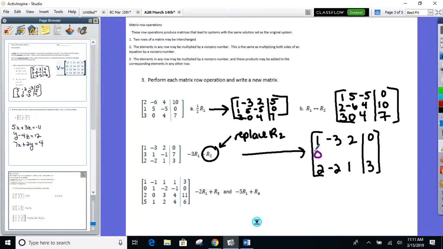Negative 3 times negative 3 is 9, plus 1 is 10. 2 times negative 3 is negative 6, plus negative 1 is negative 7. And finally, 7 times negative 3... oh, sorry, I did it wrong. Negative 3 times 0, plus 7, so that stays 7.